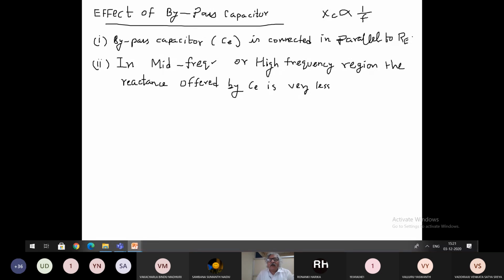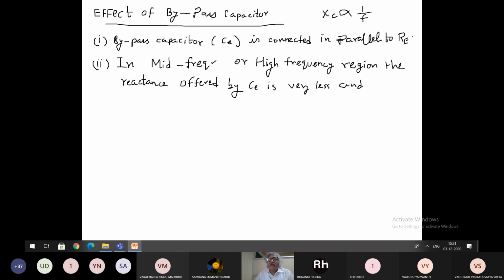In the mid frequency and high frequency region, since the frequency is high, the XC will be very less.